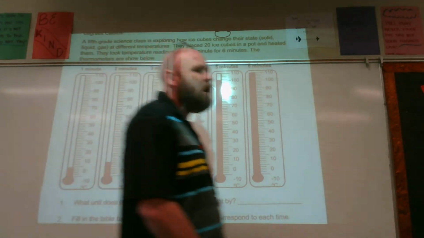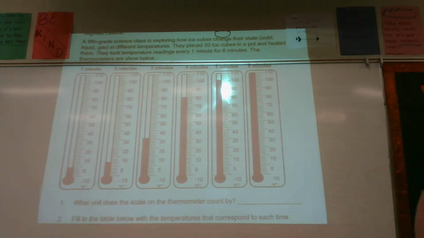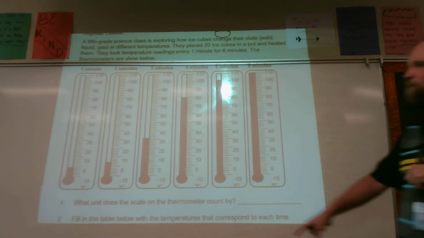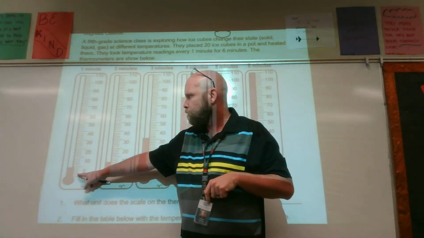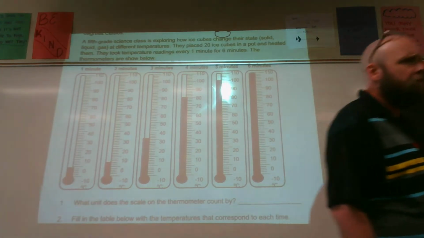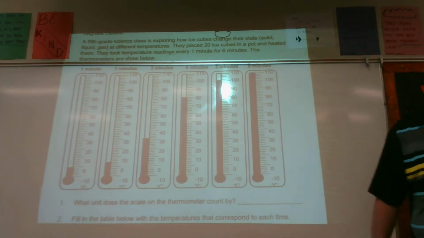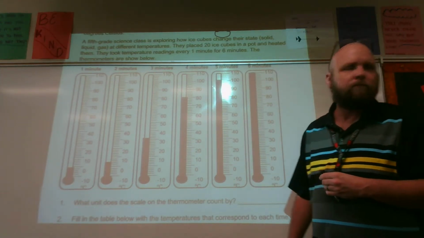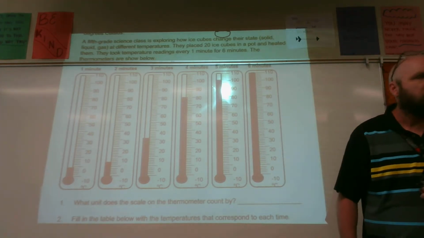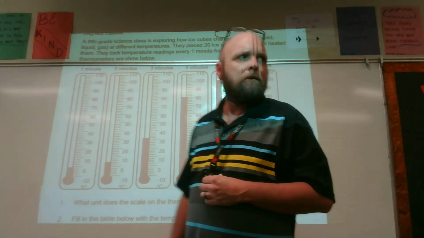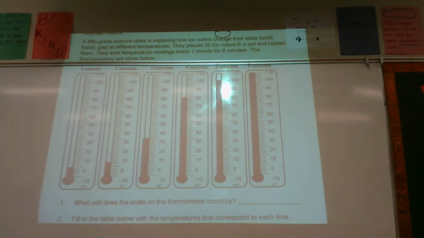So, Bea, what does each line represent on here? 1 degree? We all agree with that? No? Justin? 2 degrees. Because if we start out at -10, and this line is 0.